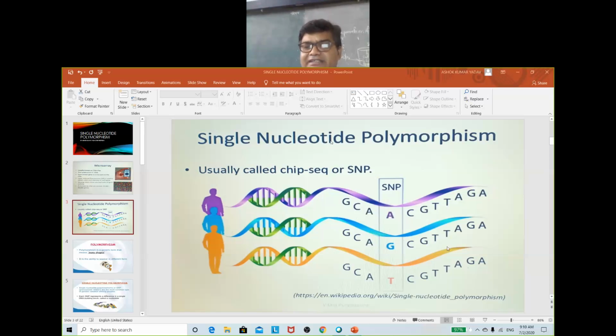So these are similar in nucleotide sequence, but only one nucleotide difference is there at one position of the genome of one individual. So they differ from each other only due to one nucleotide. Such nucleotide difference can be studied with the help of SNP.